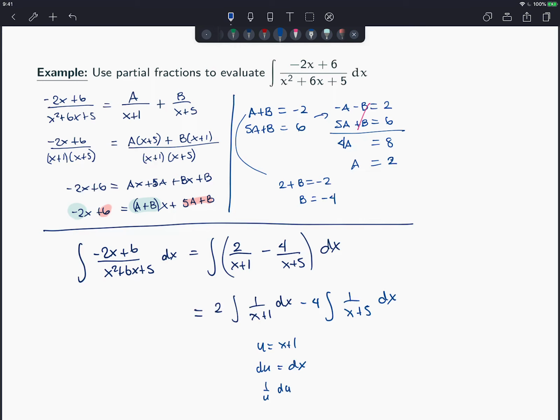So in each of these cases, it's a simple integral of the form 1 over u du, so the integral of that is natural log of u. That's what I didn't write. You should have experience with those by now. So this becomes 2 times the natural log of the absolute value of x plus 1. This becomes negative 4 times the natural log of the absolute value of x plus 5. And the other constant. Okay, so this is my first video for partial fractions.